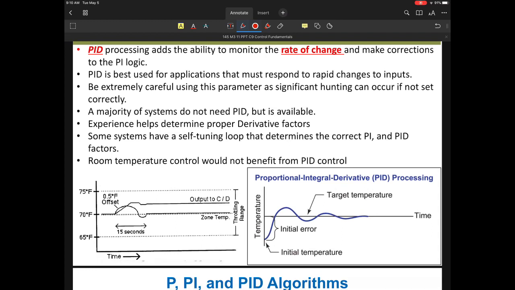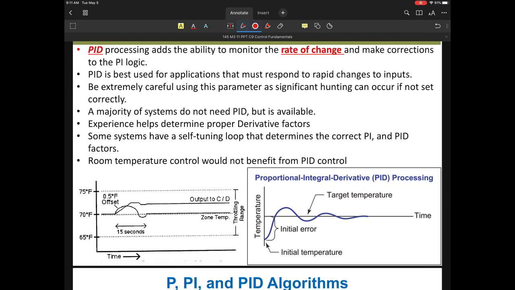Fortunately, a majority of the systems we use in the field really don't change that fast. A good example where I needed something like a derivative loop would be static pressure control on a duct system, where a damper closes super fast and I need the frequency drive controlling a fan speed to slow down really, really quick.